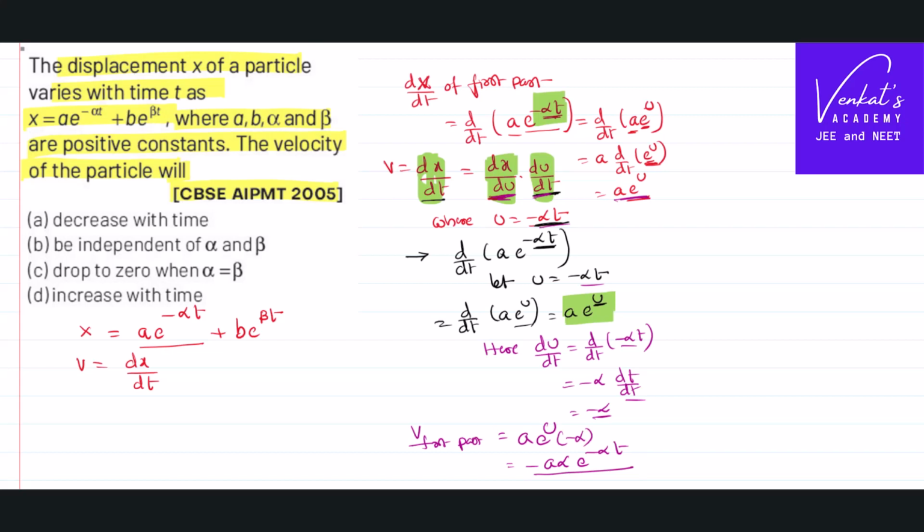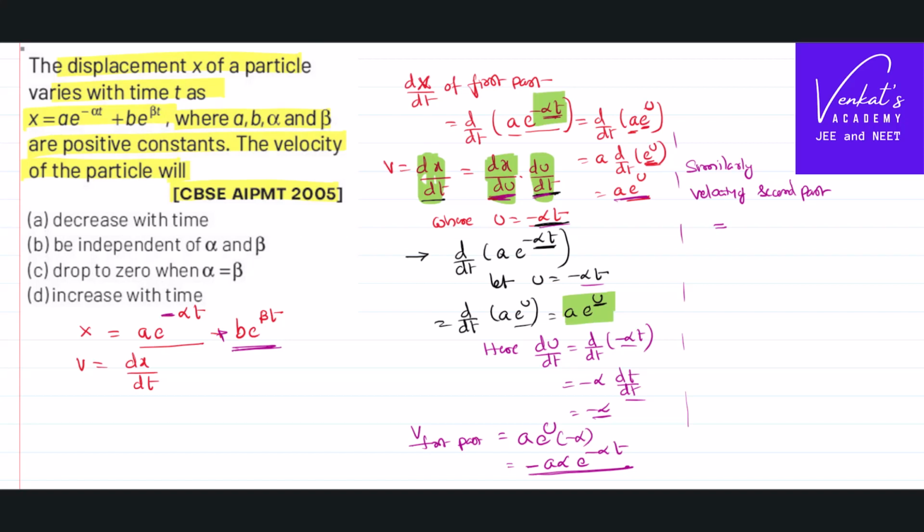Similarly, what can I write now? Similarly, the velocity of the second part I can write. What is the second part? The second part is this b e power beta t. So what will be my answer? Here there is a minus, that's why I got a minus. Here there is a plus, so I won't get that minus.